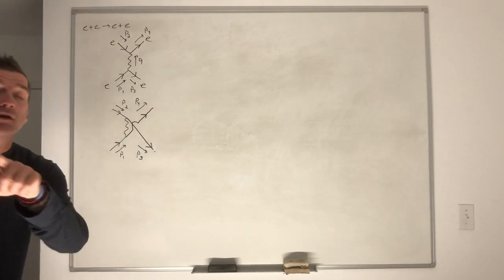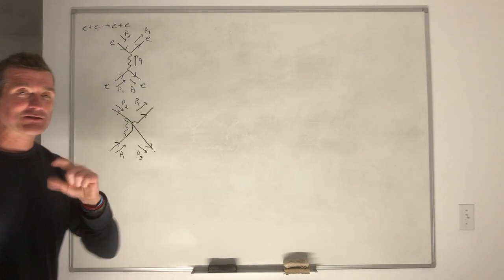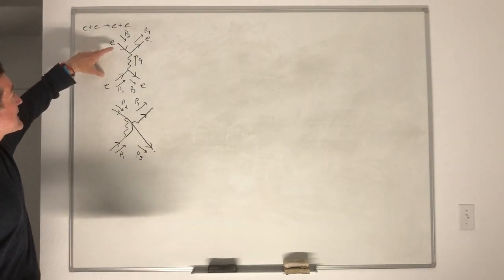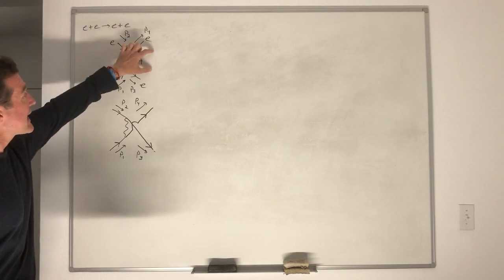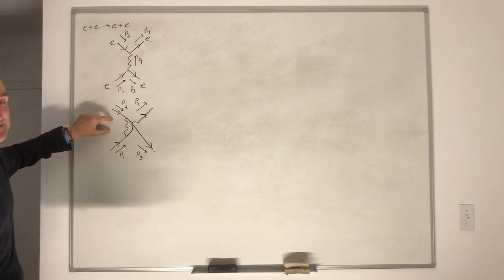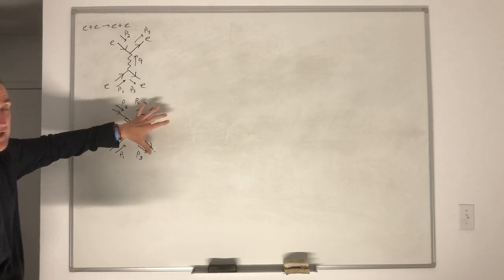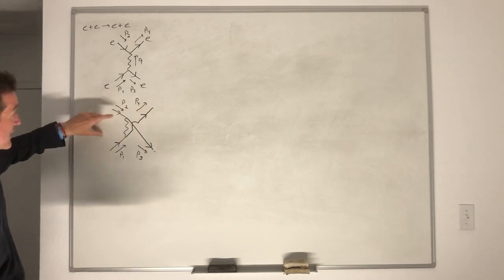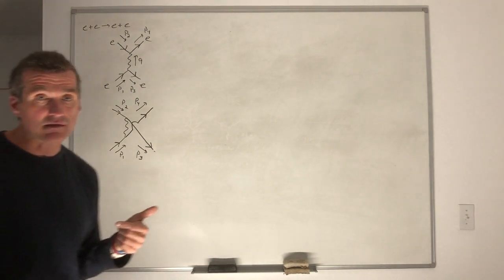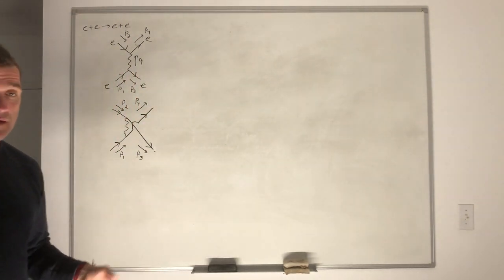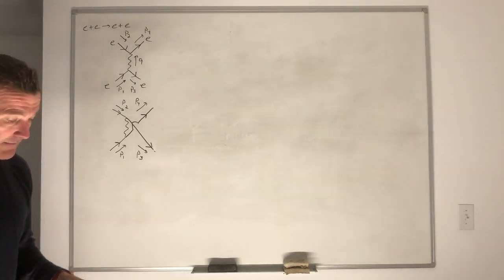Sorry, if I swap the first two and the last two, yes, it's the same as this. If I swap the incoming particles instead of the outgoing particles, that's this diagram, because if you just take this and twist it over without changing any of the external labels, you'd end up having the incoming particles twisted. So these are the only two unique diagrams that we should consider, all right?